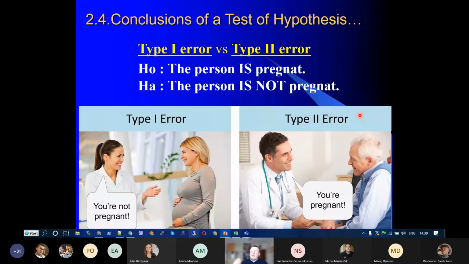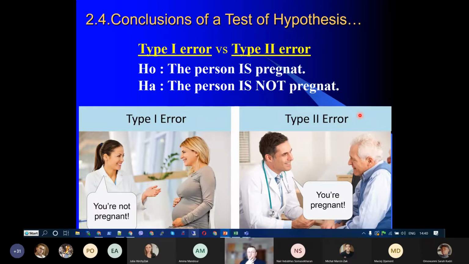We can depict it in a very funny way, like shown in this picture, but reality will not be as funny, because almost every time it is not so visible.